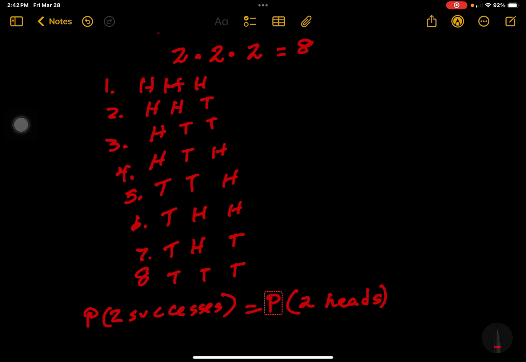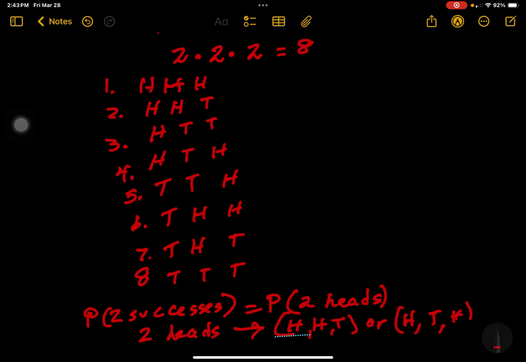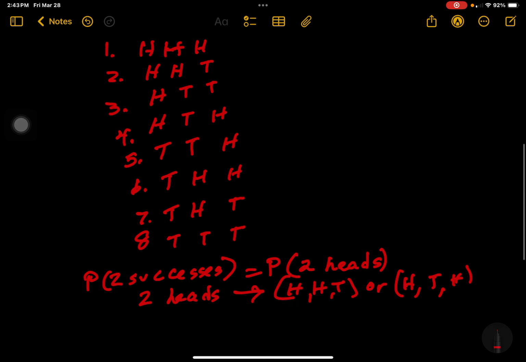So what are the ways in which we can get 2 heads? 2 heads are possible when we get HHT, that is one possibility, or we can get head tail head, or we can get tail head head.